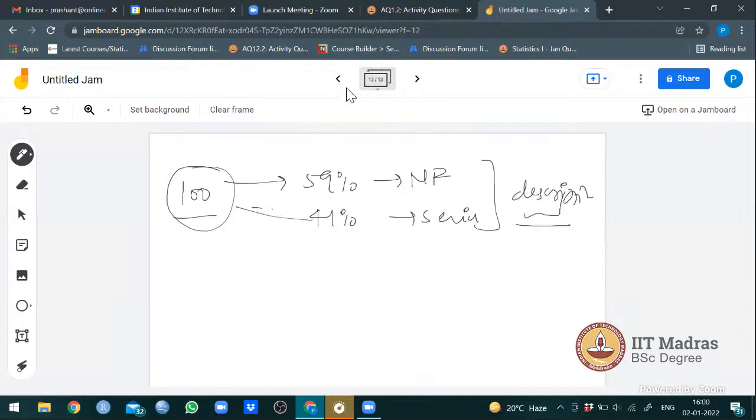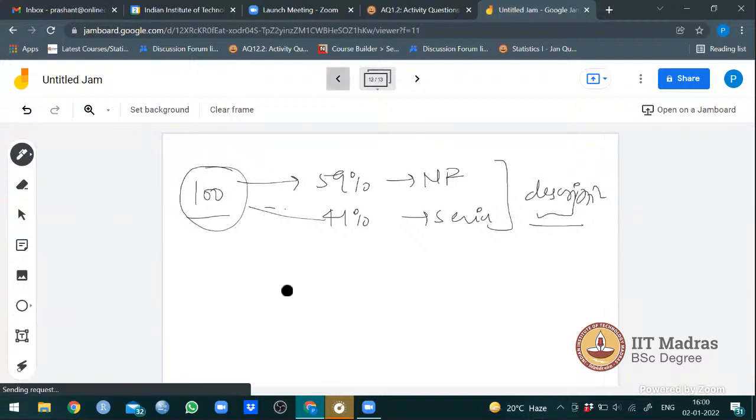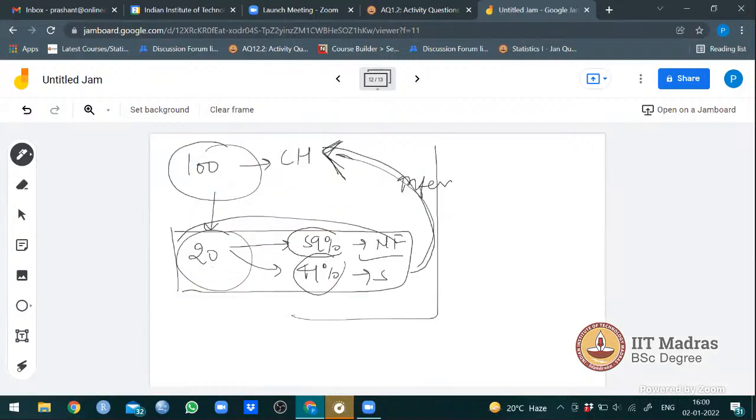Got it? On the basis of this analysis, you are making the conclusion accordingly. If you say 59% majority says it's serious and minority says normal, then it's a wrong conclusion about the population. Then you cannot say inferential is not applied. Inferential is applied, but your conclusion is wrong.